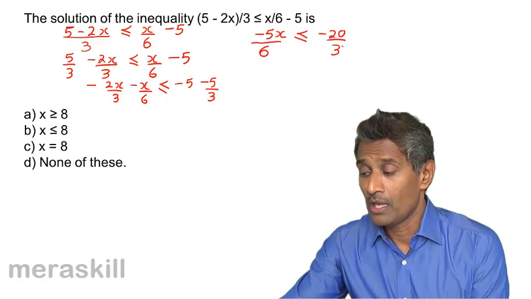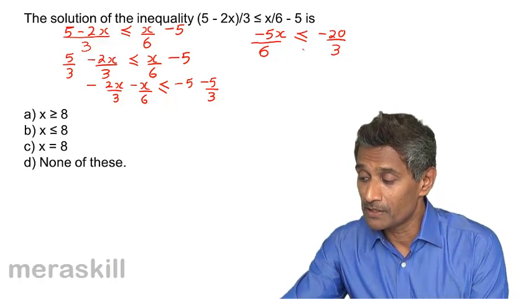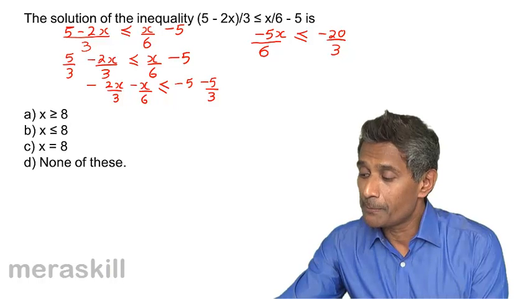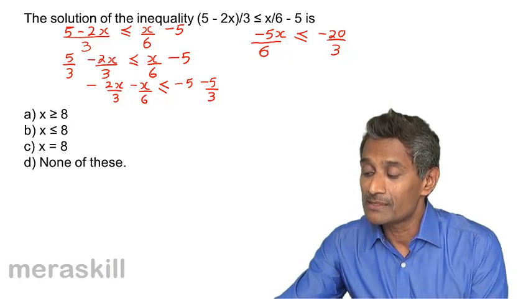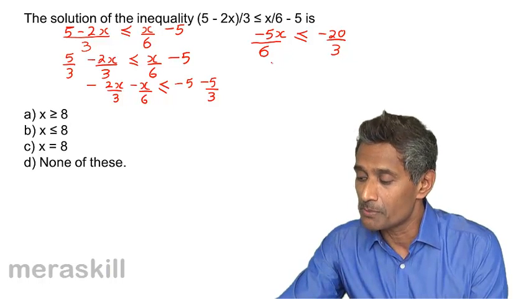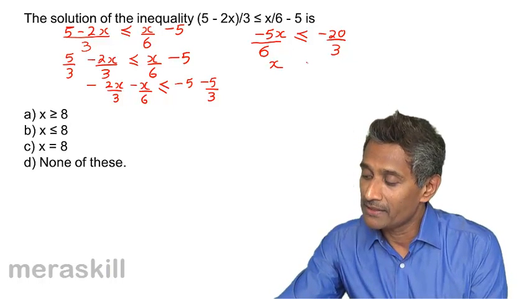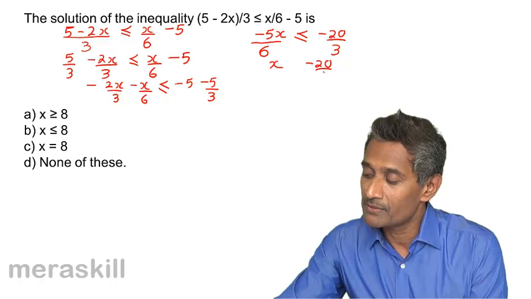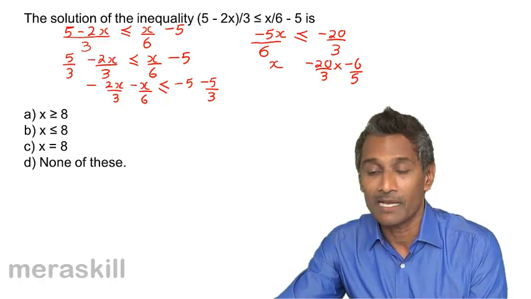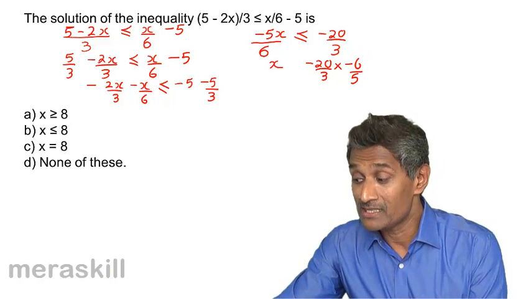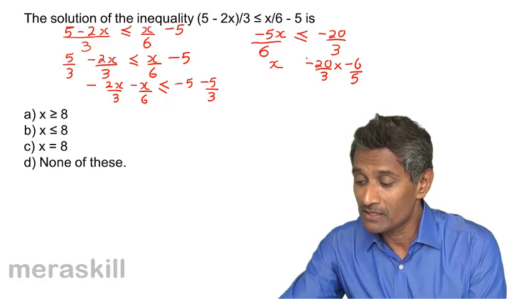So now, how do we simplify this further? Now, to separate this, we are going to multiply by the reciprocal of minus 5 by 6, which means that x, and here you have minus 20 by 3 into minus 6 by 5, because you multiplied by the reciprocal. And caution, what have we done in the previous steps?